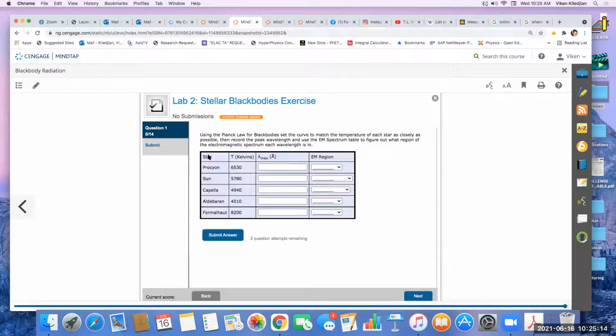And then fill in star, this electromagnetic spectrum. And then once you get all the answers, fill it in with your data. For one of the rows, show how you're getting this lambda, right? So show how you're getting that lambda.